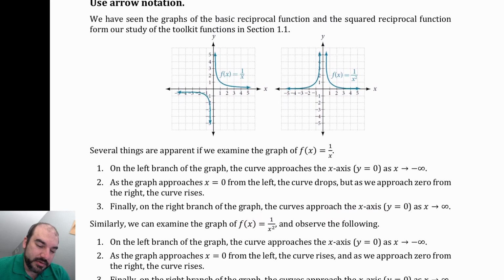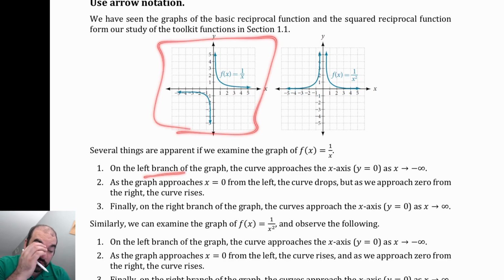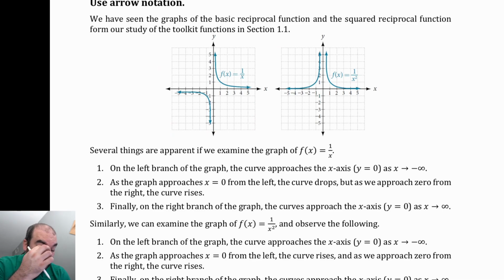So using arrow notation, we would say that on the left branch of the graph, we're talking about this 1 over x reciprocal function here. On the left branch of the graph, which is this side here, the curve approaches the x-axis, this horizontal line here, as x goes to negative infinity. So this arrow notation is just saying where we are moving along the blue graph, along the blue line.